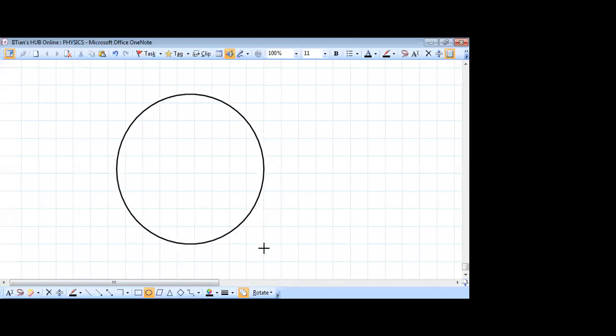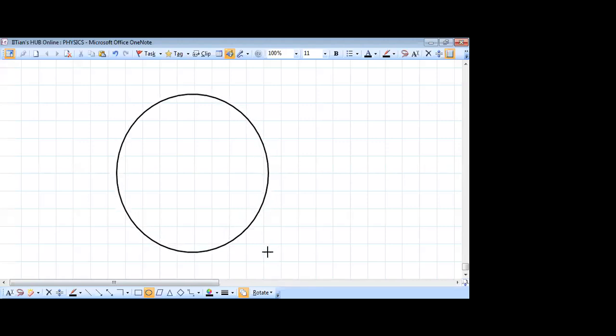Okay, so you can see that if this is your clock, now suppose this is your hours hand and this is your minutes hand and your seconds hand.